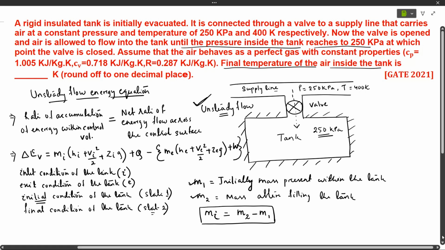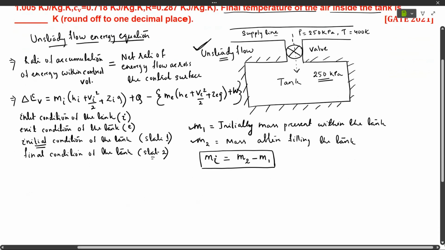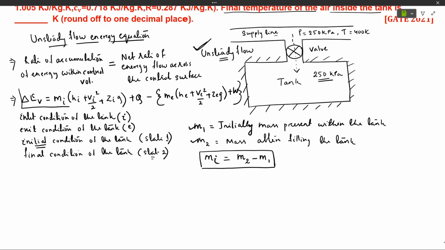So here we have considered the unsteady flow energy equation. In this expression, we will see that it consists of inlet condition as well as exit condition.